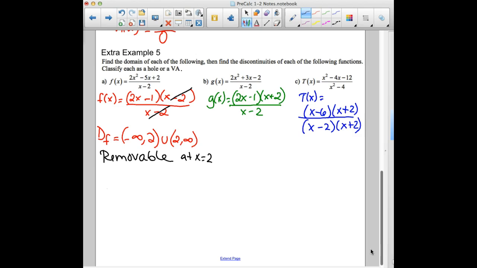So it's what? What would show up in our graph? A hole. All right. Where is the hole located? To figure that out, we eliminate the x minus 2's and we plug a 2 in here. Yes? So we get 3.